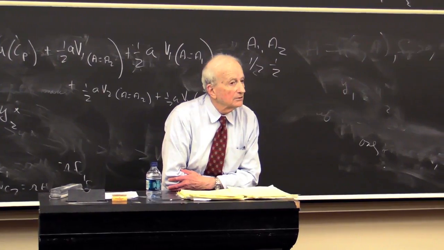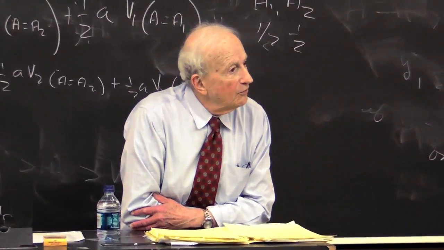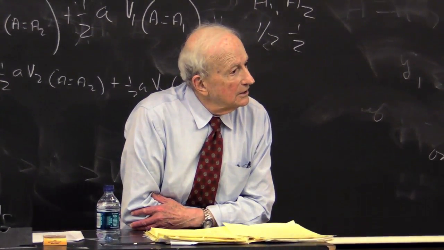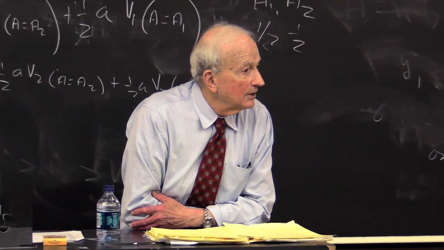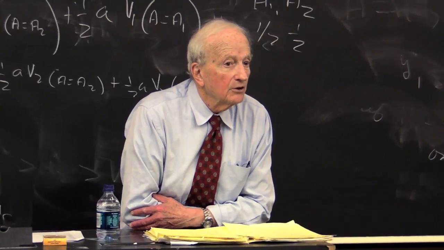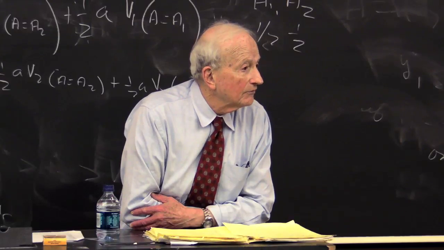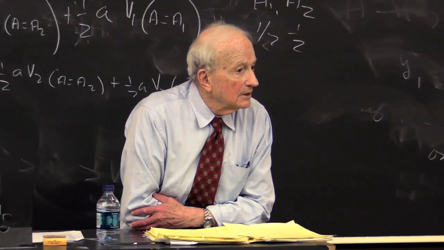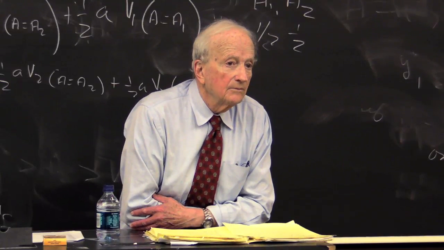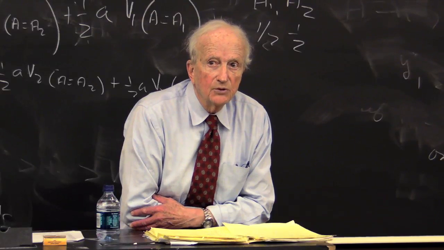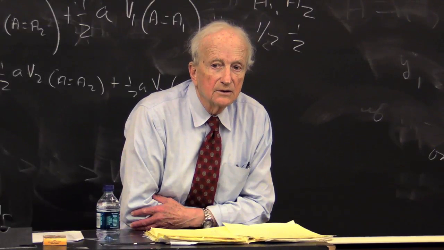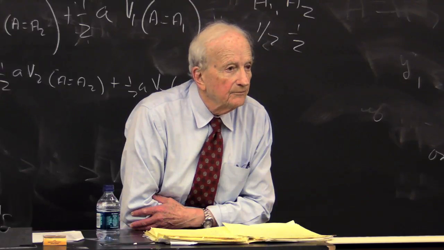Maybe they'll both have A1 or both A2, but there's a 1/2 probability for each, so there's some probability they both have the same. So what would they do with their Ys? How much would they invest in each kid in this problem?